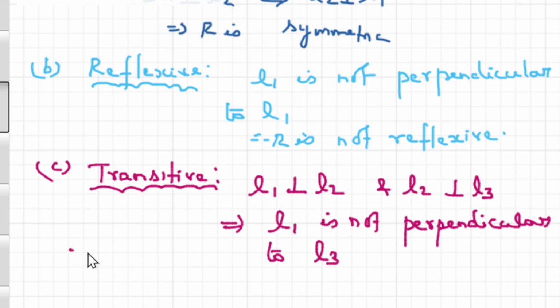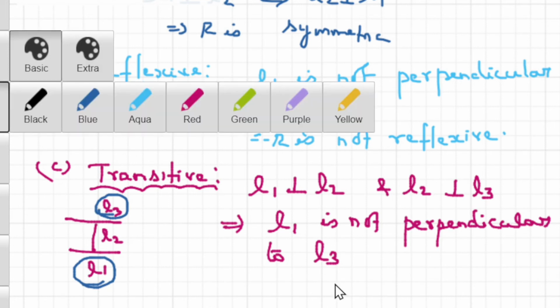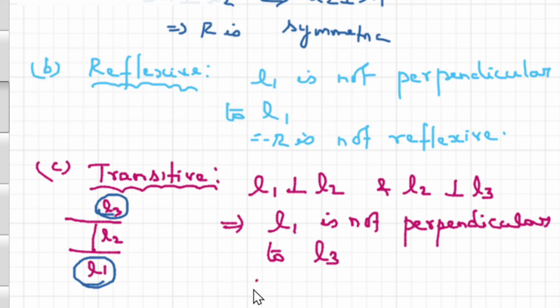Look at these two: L1 and L3 are parallel. It is not perpendicular. So therefore it is clear that R is not transitive.